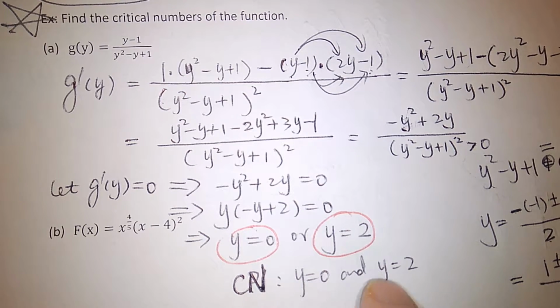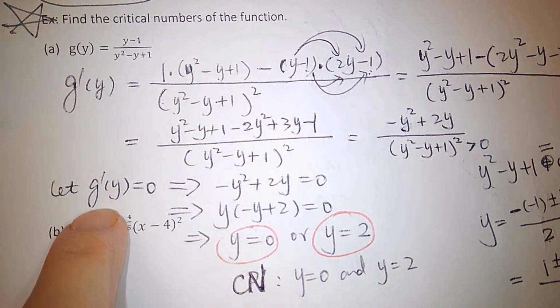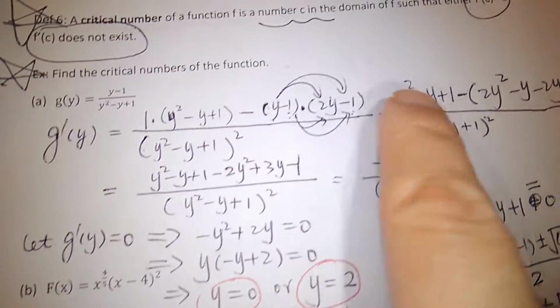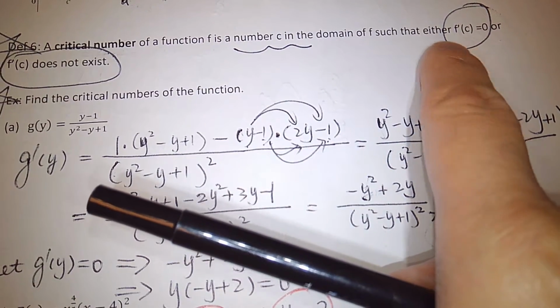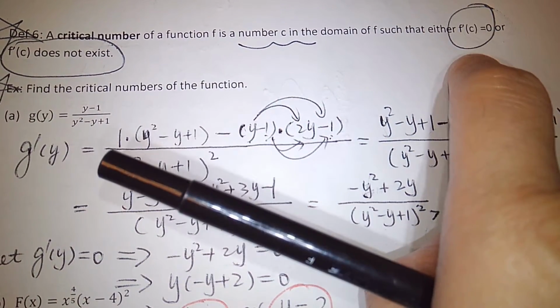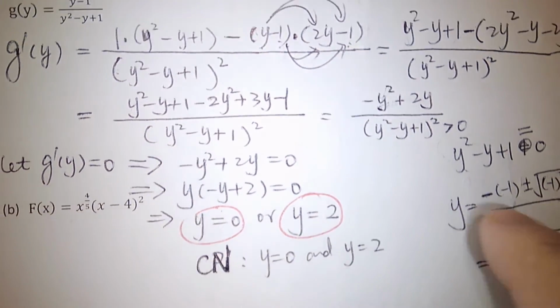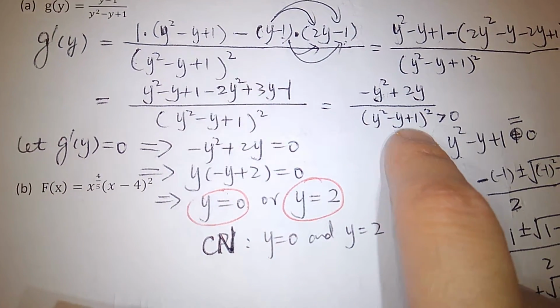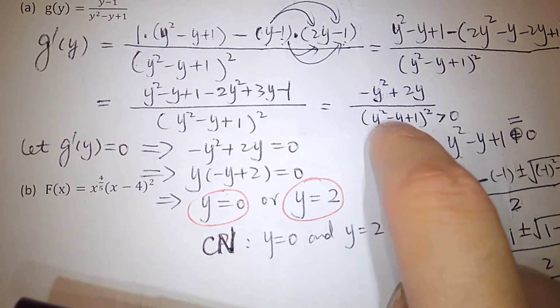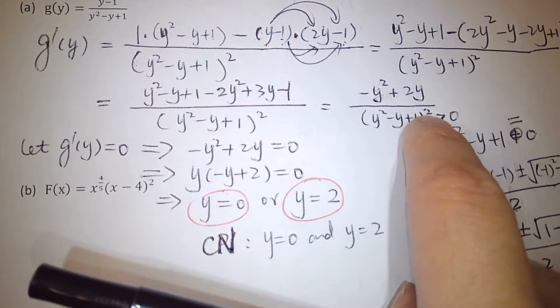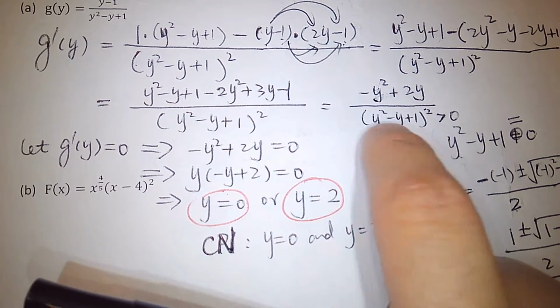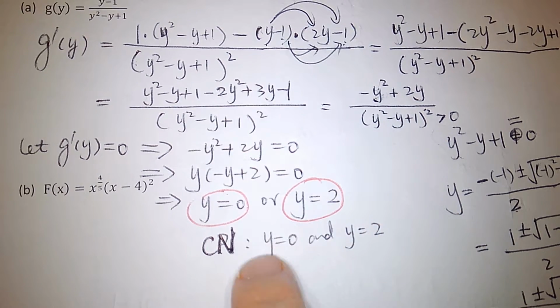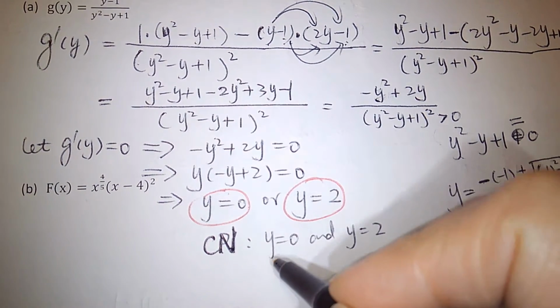Because when y equals 0 or y equals 2, it makes the derivative equal 0. And that satisfies the definition for the critical numbers. And we cannot find such a real number y which will make the denominator equal 0. So we do not have that part, okay? So these two are the critical numbers.